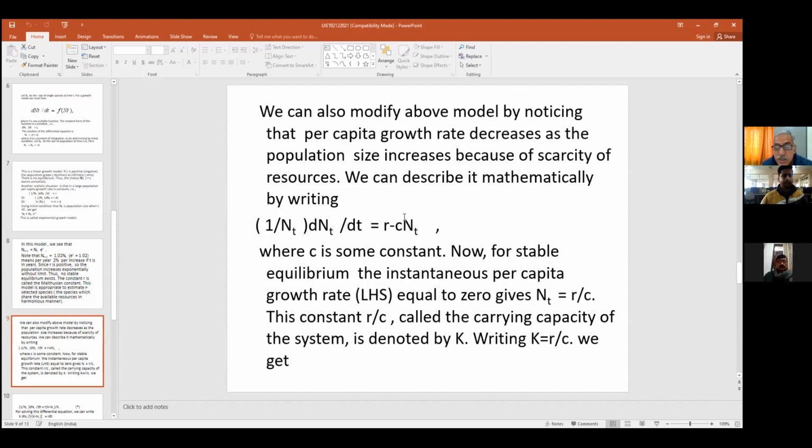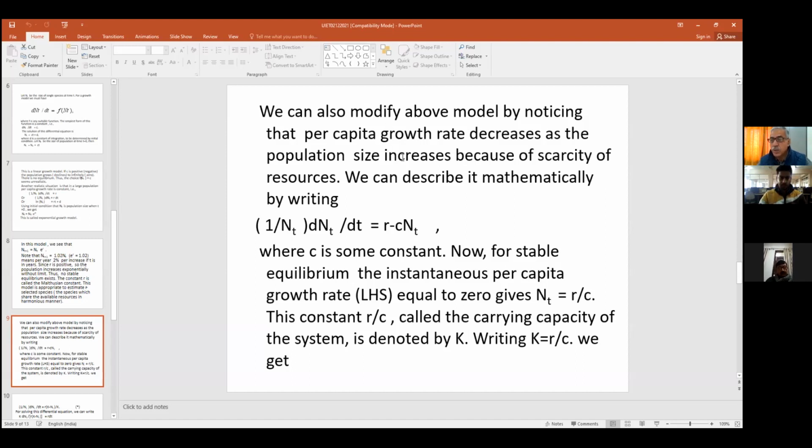I think this concept must be clear now. I am saying that the per capita growth rate, which is the left hand side, should decrease linearly as a function of population size, because as the population increases, the growth rate decreases, given that the resources are limited.